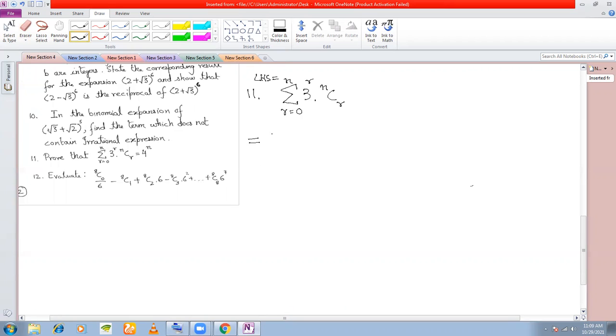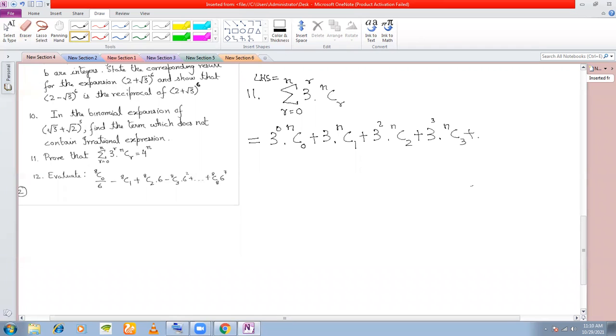So let's write this in the expanded form. Put r equal to 0, you get 3 to the power of 0 into nC0, plus, next you put r equal to 1, you get 3 into nC1. Next you put r equal to 2, you get 3 square into nC2, plus next is 3 cube into nC3.